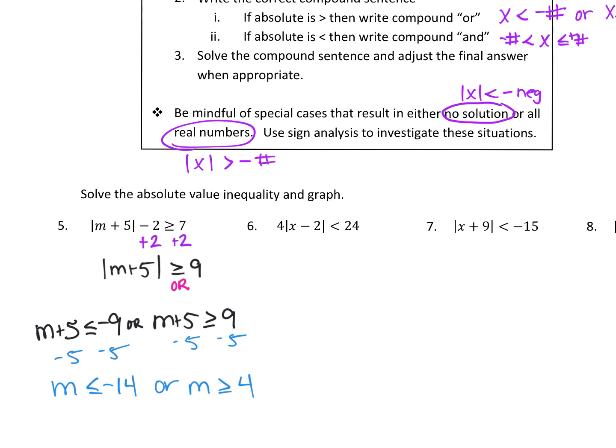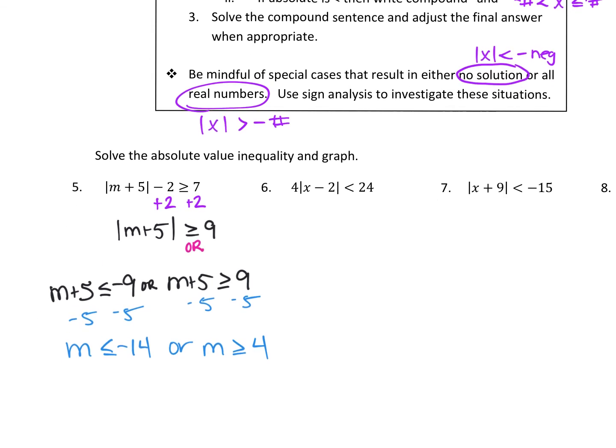Because you're solving the same equation, just one with a negative and one with a positive number, we don't get those same direction inequalities. And that is negative 14 and 4. These are the numbers that when I plug them into the absolute value of m plus 5, I get answers greater than 9.